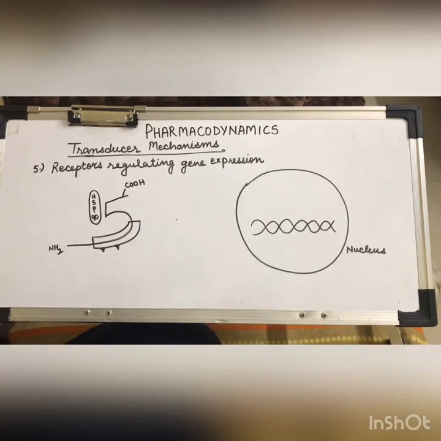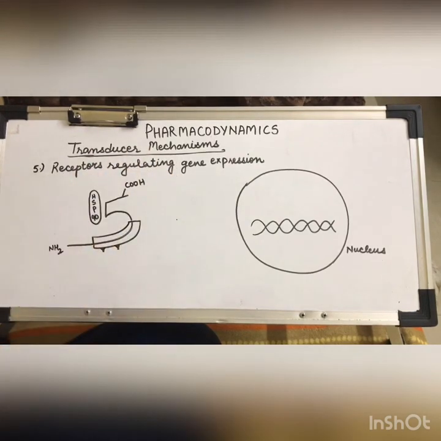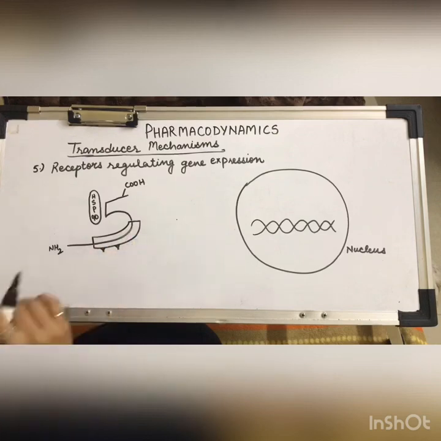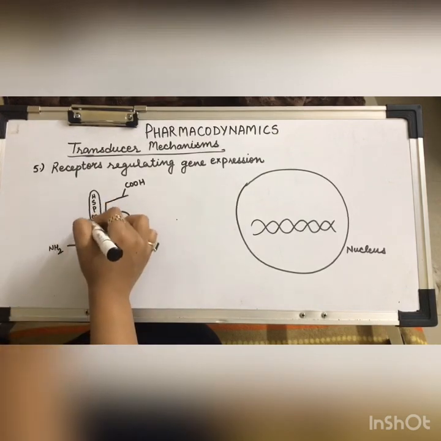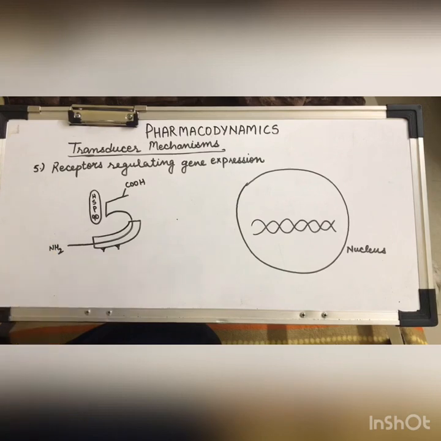Now the fifth and the last type of transducer mechanism is receptor regulating gene expression. These are also known as glucocorticoid receptors. So the glucocorticoid receptor looks somewhat like this, which is attached to HSP90, the complex proteins known as heat shock proteins.